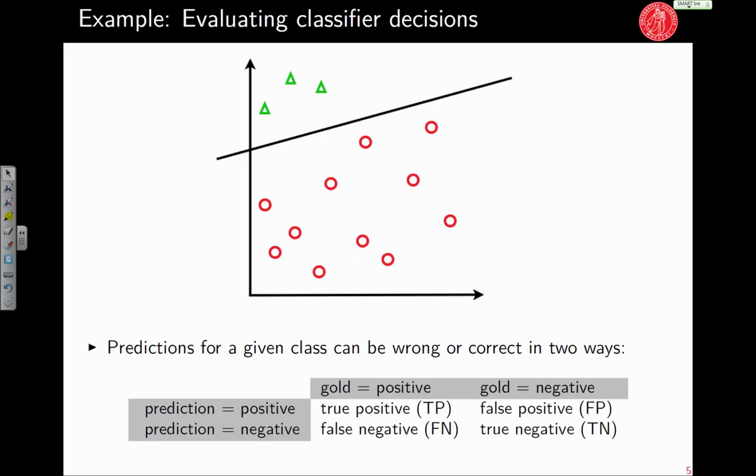If we look at this example, let's assume, for simplicity, that this is a spam filtering classifier. It gets emails and decides whether the email is spam or not, so ordinary email or spam. This is our training set. The red circles are non-spam emails, and the green triangles are spams.